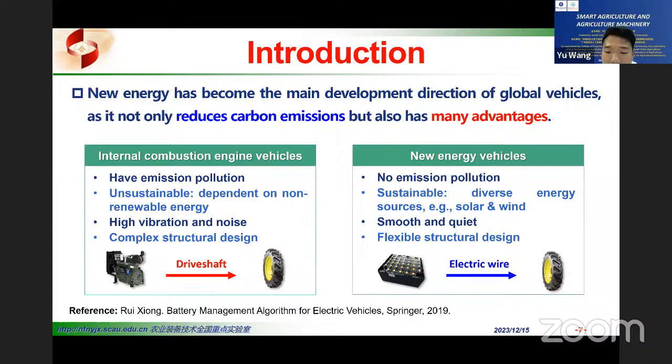In comparison, new energy vehicles can harness sustainable energy resources such as solar and wind power. Internal combustion engine vehicles produce strong vibrations and noise, while new energy vehicles, thanks to the batteries, are smooth and quiet. Internal combustion engine vehicles require a drive shaft to transmit power to the wheels, whereas new energy vehicles can utilize in-wheel motors, allowing power to be transmitted to the wheels through wires alone.